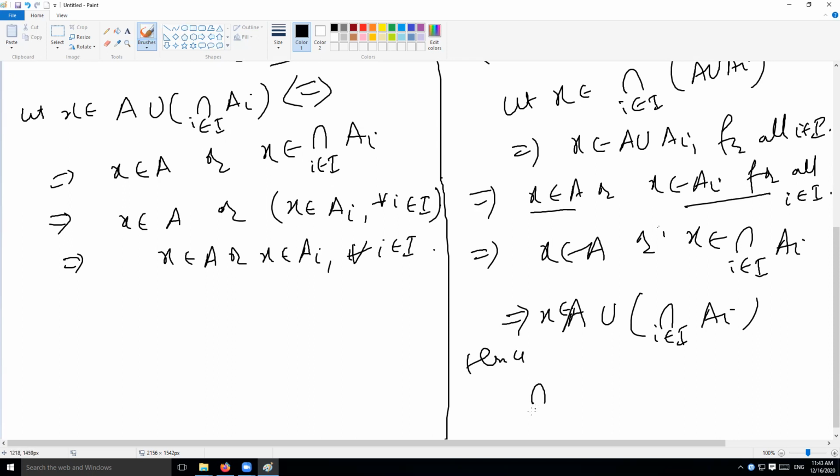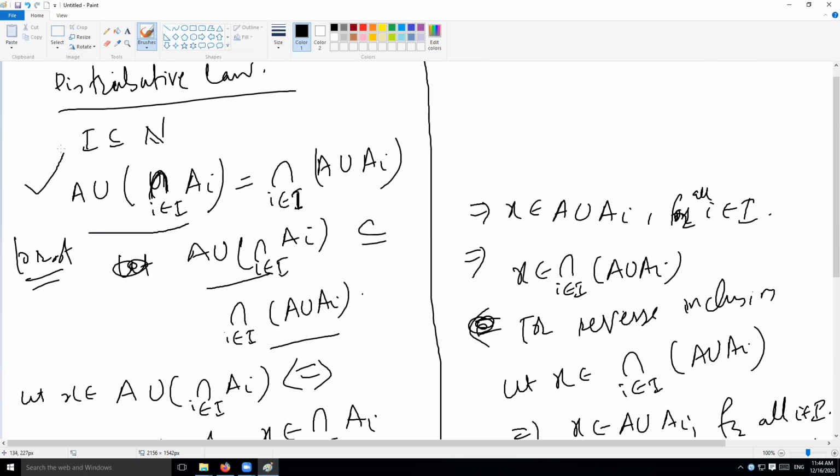That this intersection of i belongs to I of A union A_i is a subset of A union the intersection of i belongs to I of A_i. Okay, and this is what it shows. And if both inclusions are true, that means that this distributive law is true. Okay, this distributive law is true.